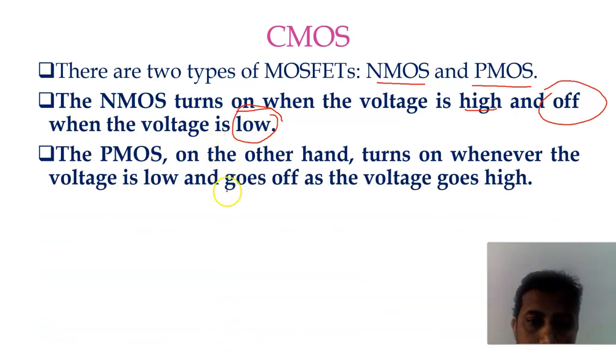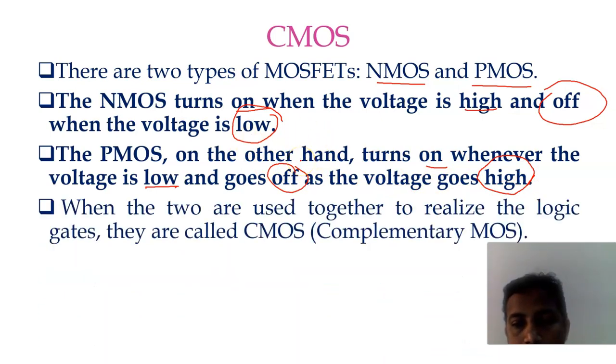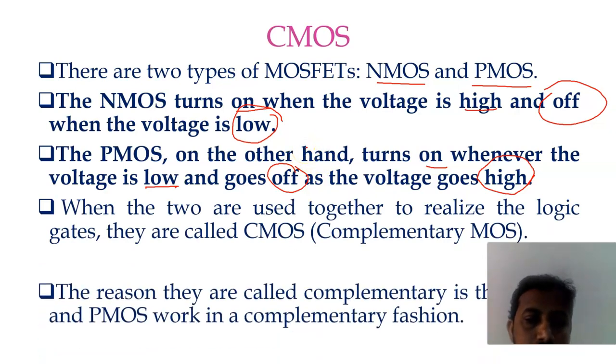Similarly, the PMOS has the vice versa property. PMOS is on when the voltage is low, and it is off when the voltage is high, so it is opposite to NMOS. When you connect both of these, we get a complementary metal oxide semiconductor.